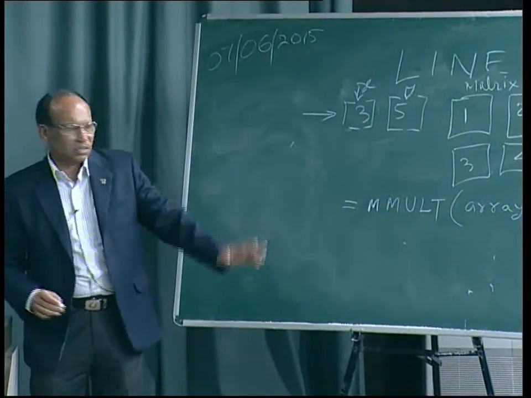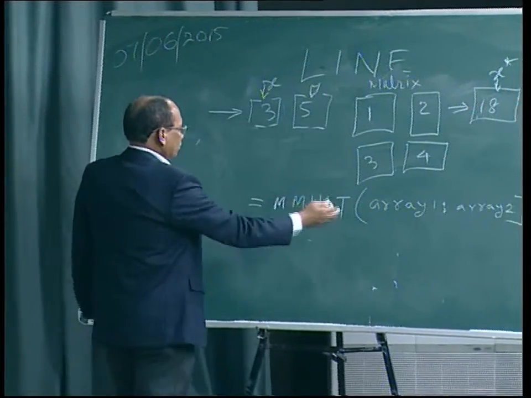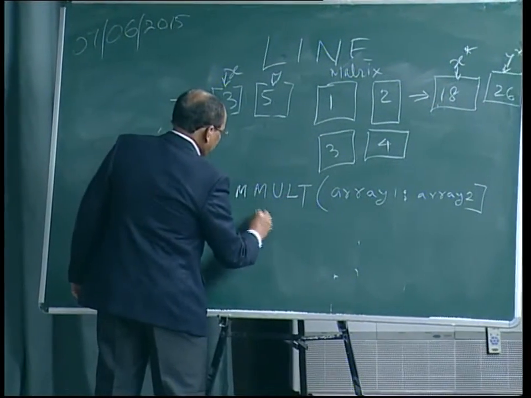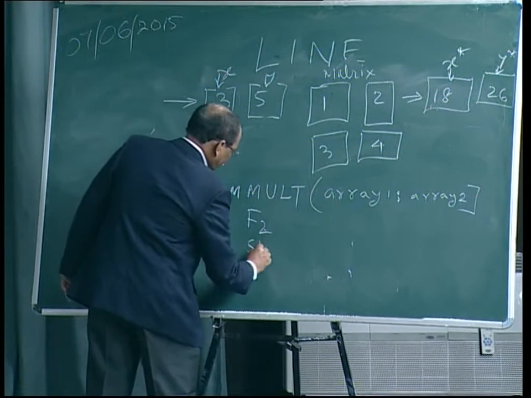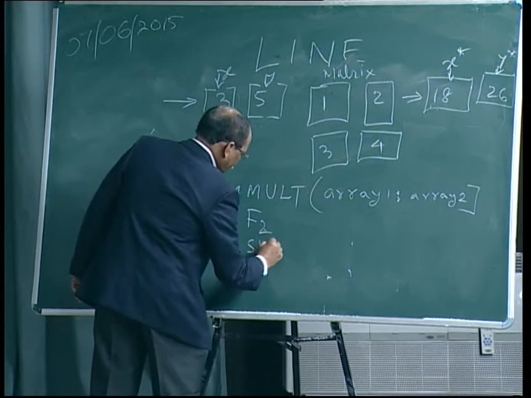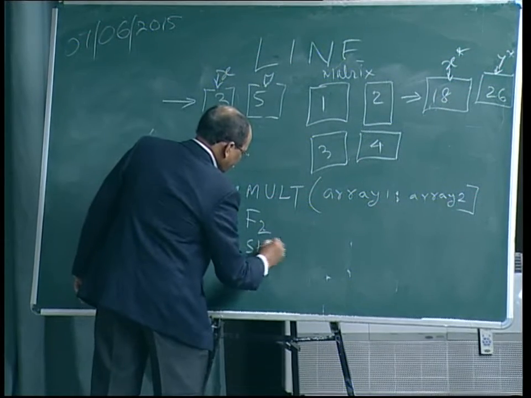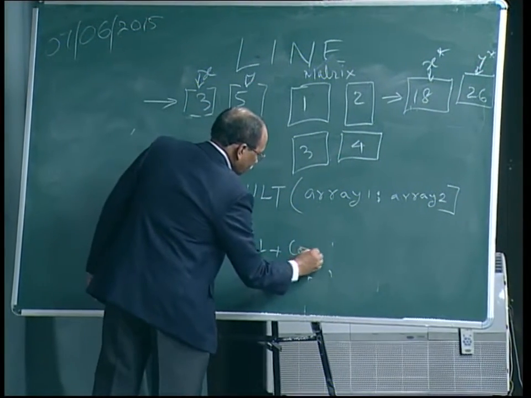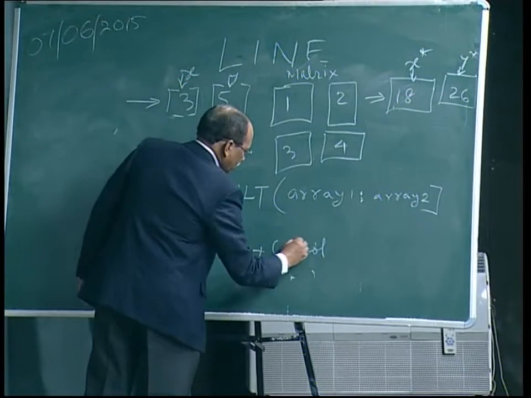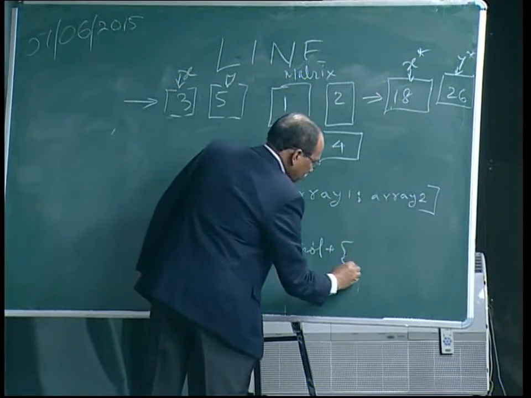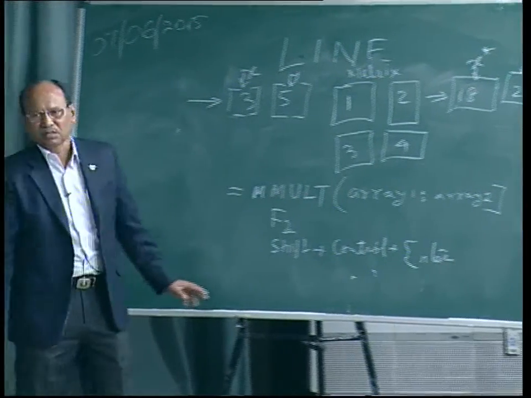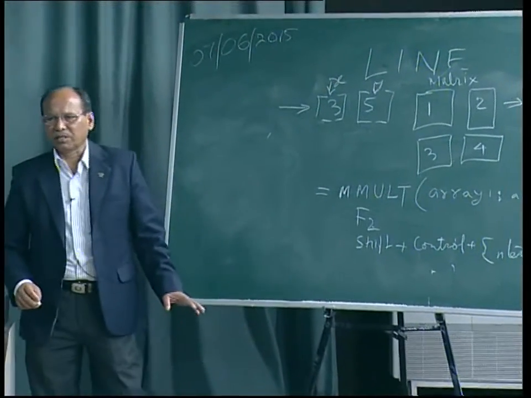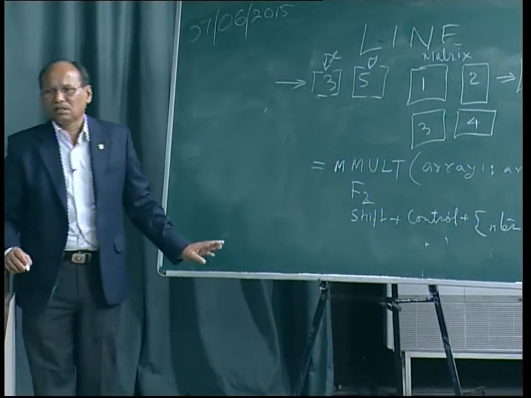That is your matrix multiplication. After entering, press F2, then press Shift Control plus Enter simultaneously, and you will get this result.